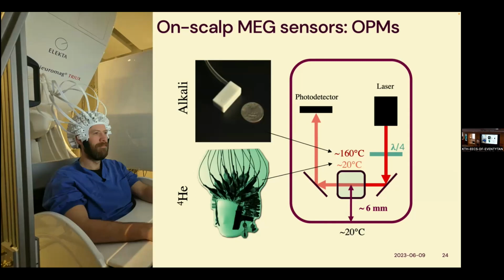So the cell, depending on the material, has to be heated. So the alkali vapor cells are usually at around 160 degrees Celsius, and then they have something like 3 millimeters of insulation down here. Helium is in gas form already at room temperature, so it doesn't have to be heated. But those sensors have a bigger cell.